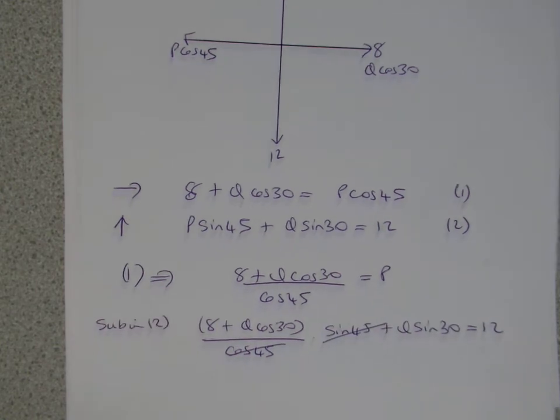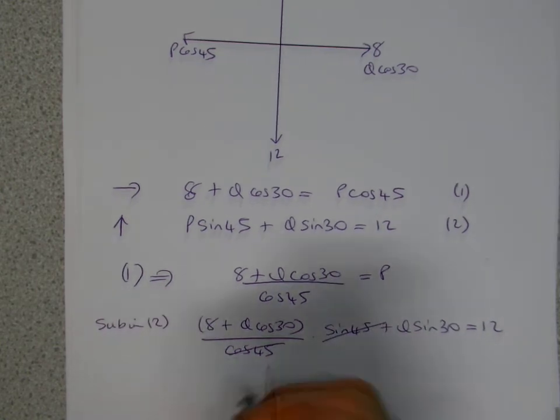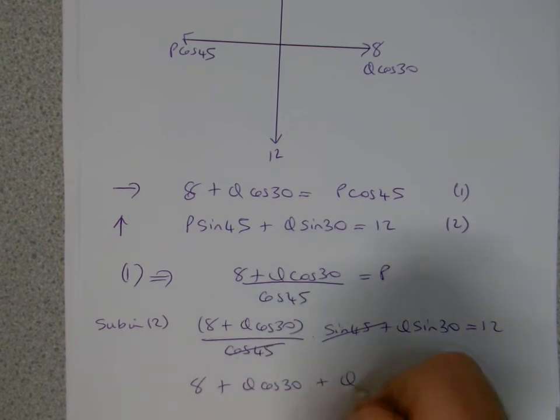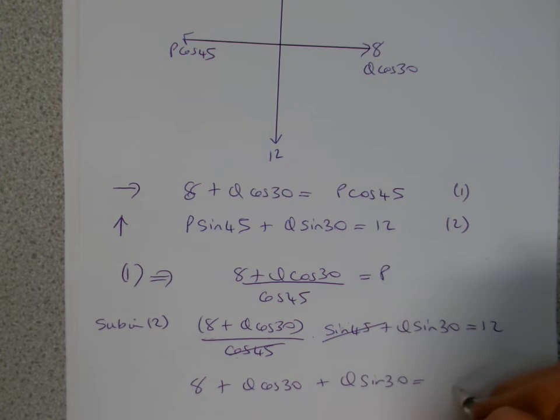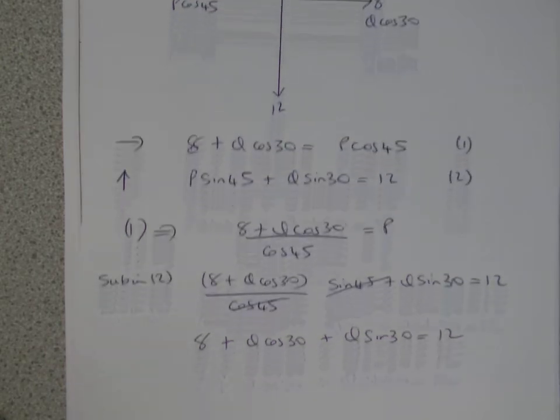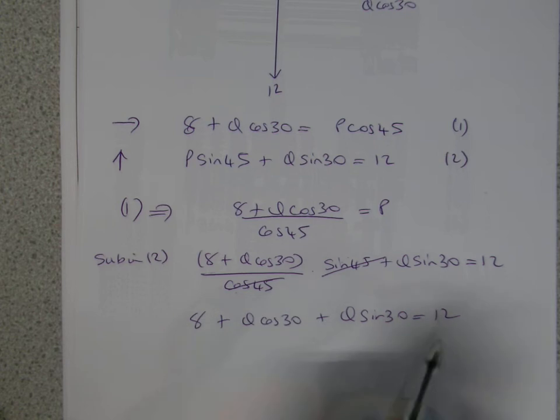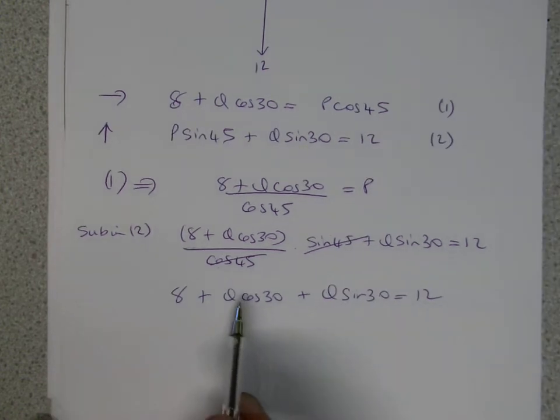Then you're left with 8 plus Q cos 30 plus Q sine 30 equals 12.